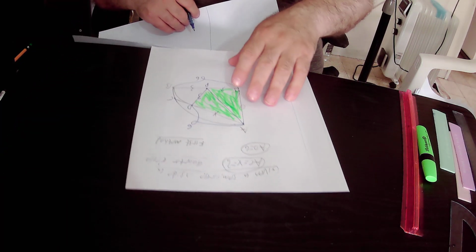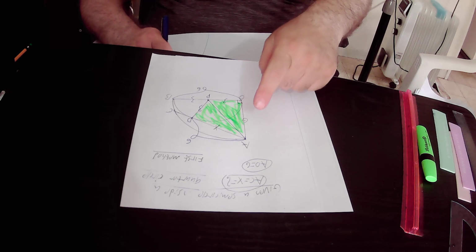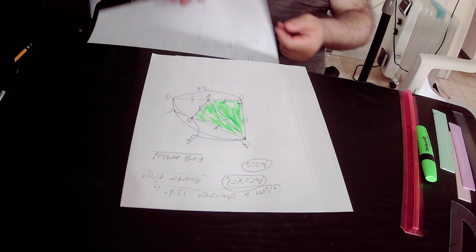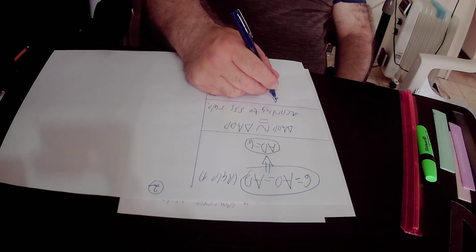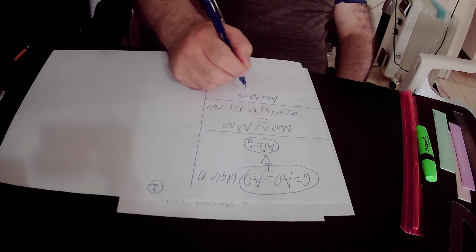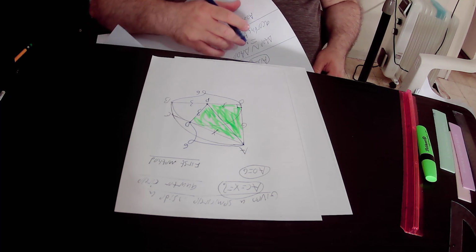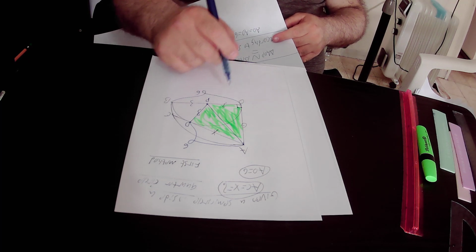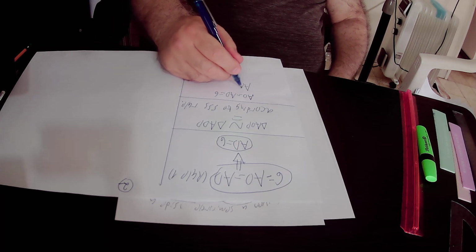So why are those two right triangles congruent? First of all, we just proved that AO equals AD equals 6 units. In addition, side AP is a common side that belongs to both triangles, so AP equals AP.